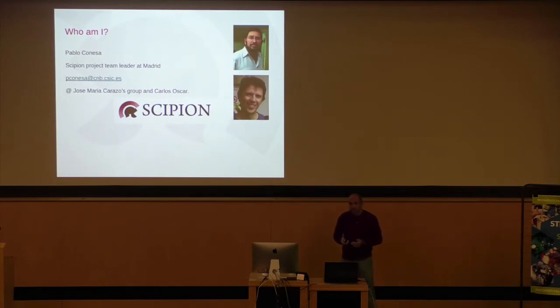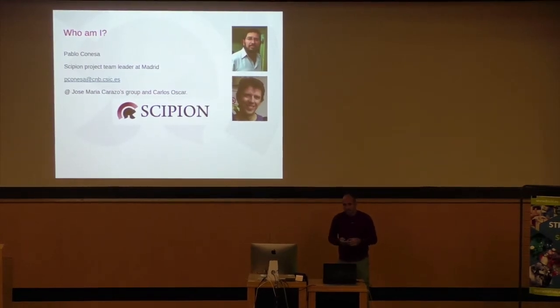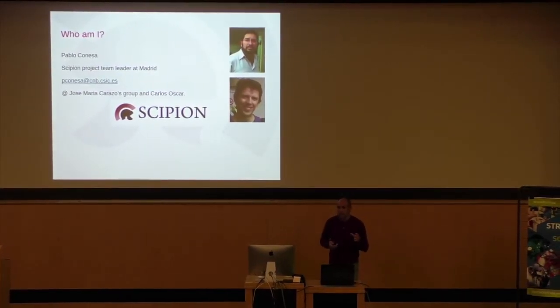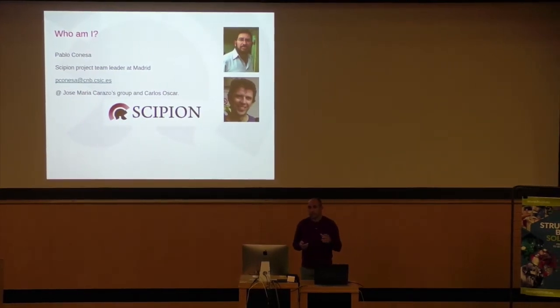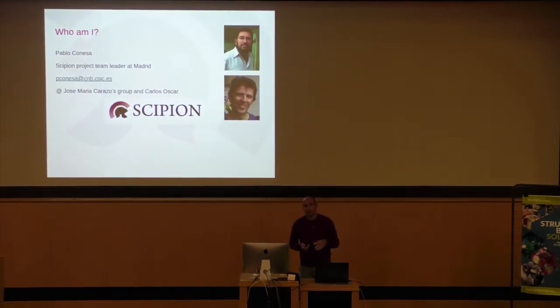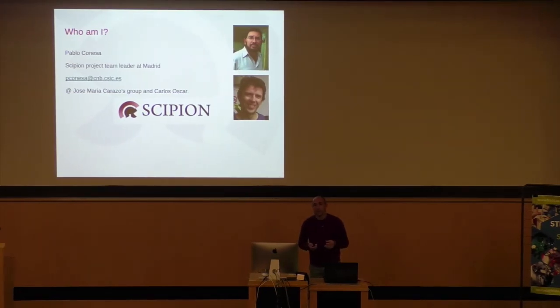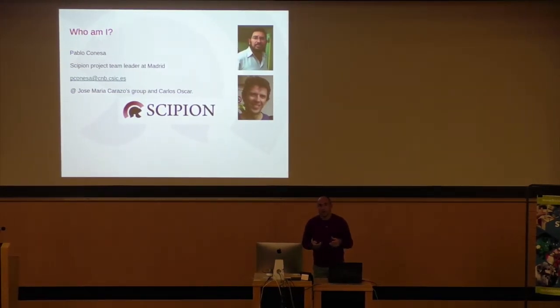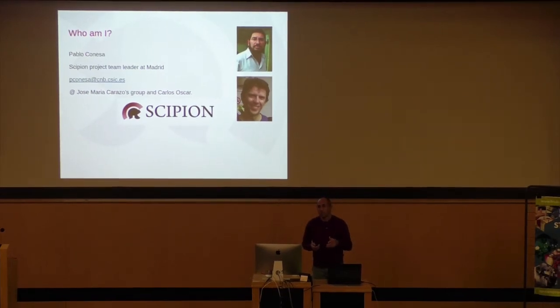Well, first, who am I? My name is Pablo Conesa. I'm the project leader of Scipion in Madrid. Scipion has a distributed development environment, and there are many people contributing to it. So I'm not the main leader of Scipion. There are other people like Jose Miguel in Stockholm.